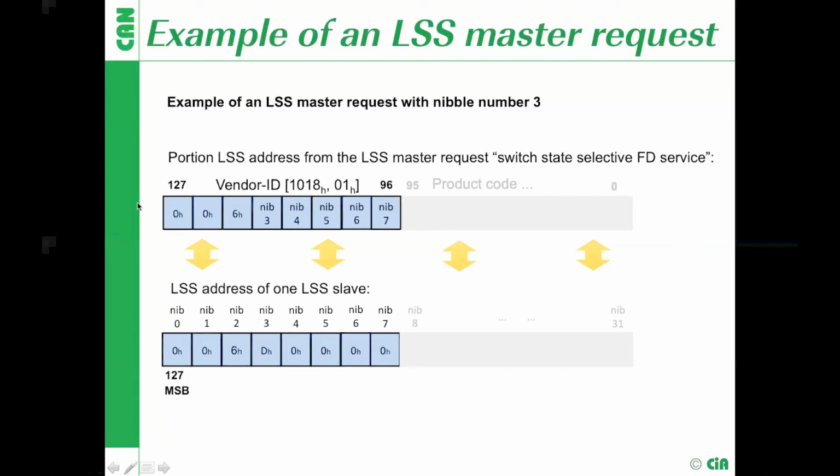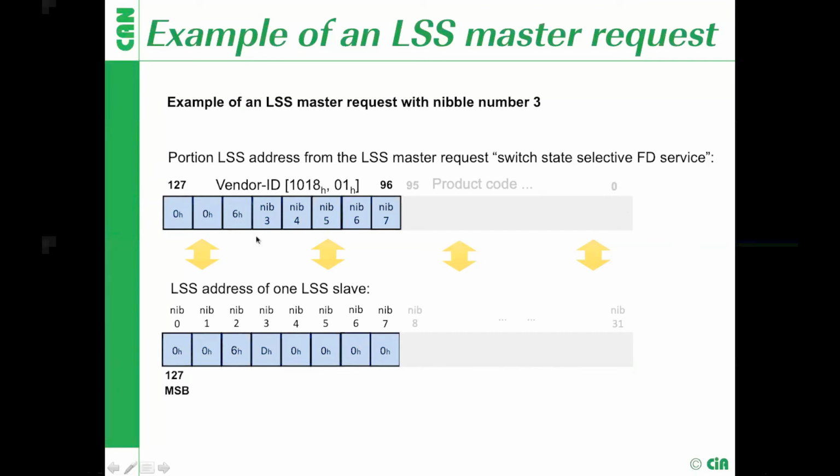Here will be the LS address of the LS master requested, so it's also the value in the portion. And here is the LS address of the LS slave that will be identified.